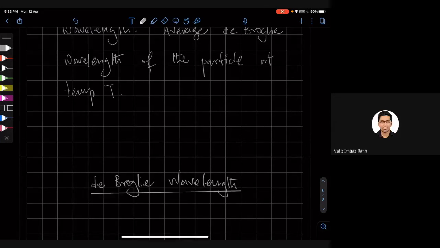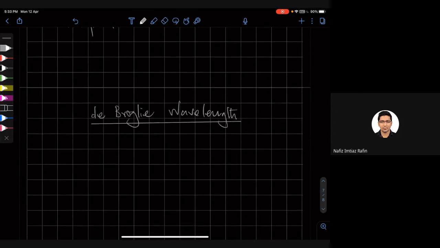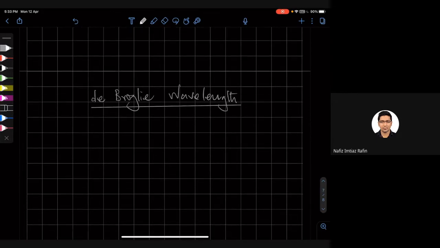So it's basically, as far as I know, when a particle has a wave nature, we define it using the de Broglie wavelength. Yeah, so it's a quantum mechanical concept. The idea is that Einstein posited that light has a particle nature.